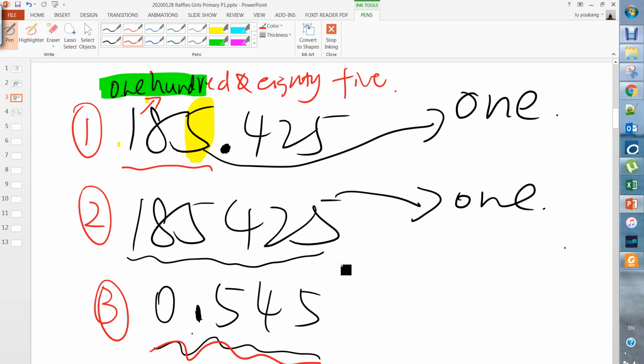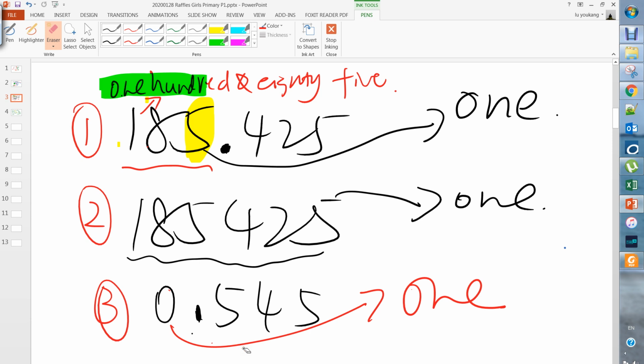So which one is the 1 position then? 0. Why 0? If you say 0 is the 1 position, right? Then now my question is, you have already identified the 1 position, right?